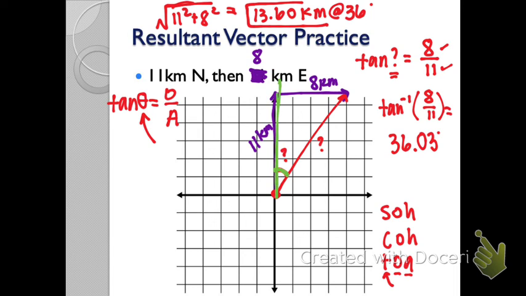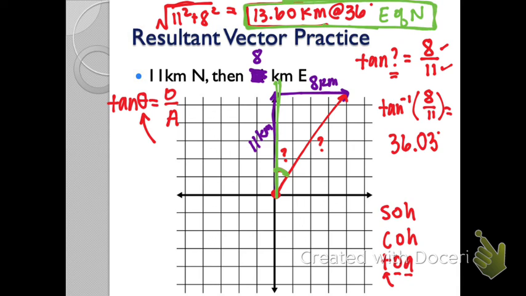Here's north. This angle right here is touching that axis. So then I decide, is my triangle swinging east of north or west of north? East. My triangle is swinging east of north. And so that's how I find my final angle there, east of north.